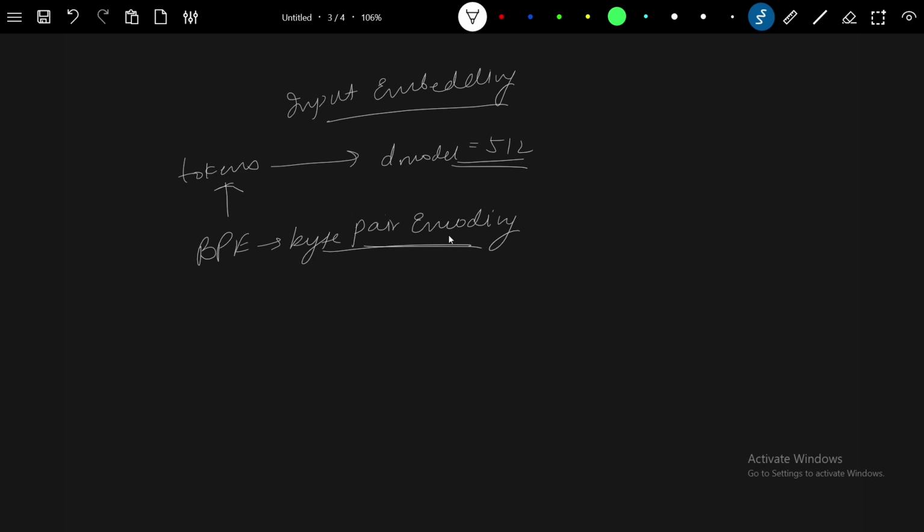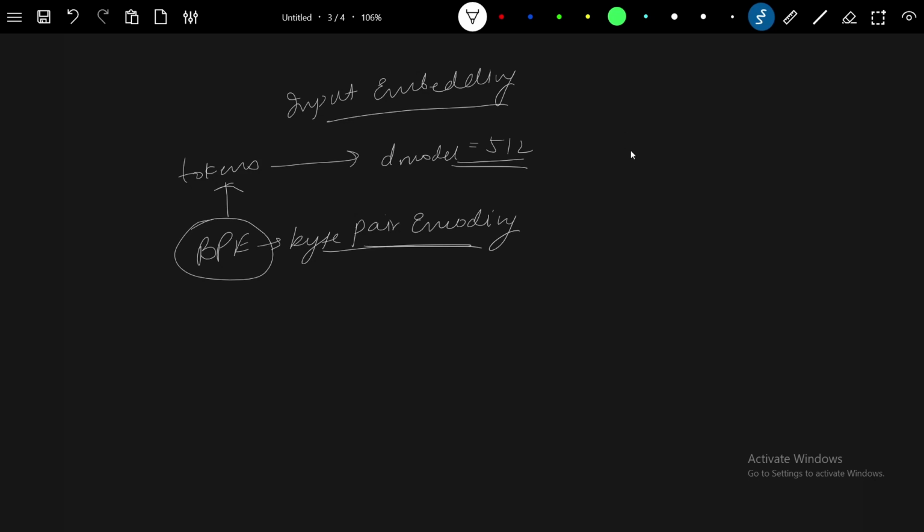There are other techniques such as WordPiece or SentencePiece, but for the transformer they initially went ahead with the BPE technique. So no need to go in depth into how BPE works.